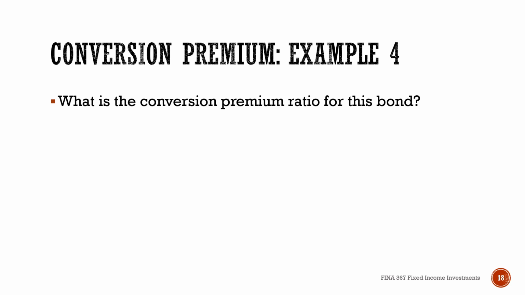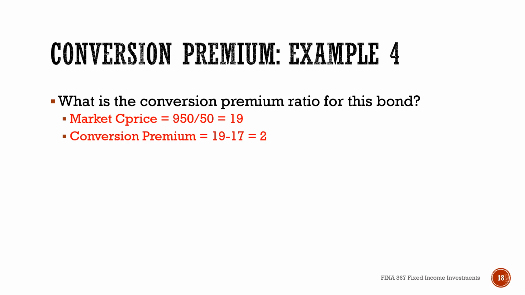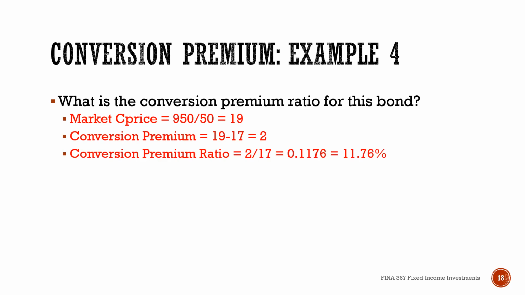So 950 divided by 50 gives us 19. This is the market conversion price in that case. The conversion premium is $2, which is simply the difference between the market conversion price and the stock current price. Scaled by the current stock price, we get 11.76%, which is the conversion premium ratio.